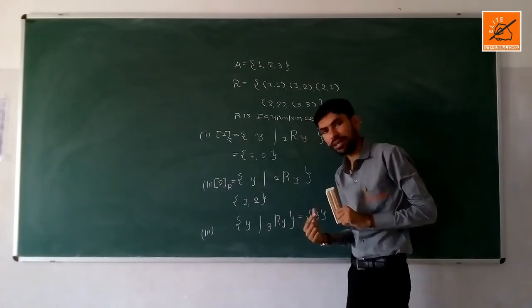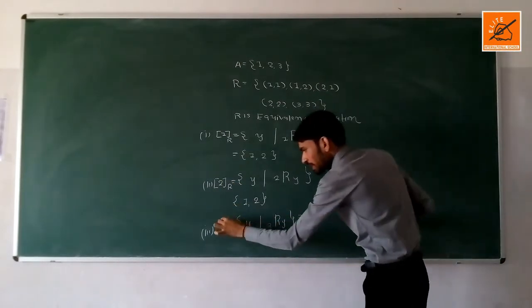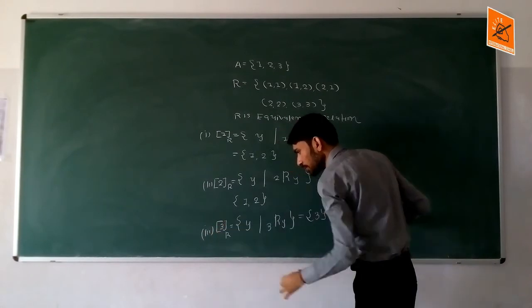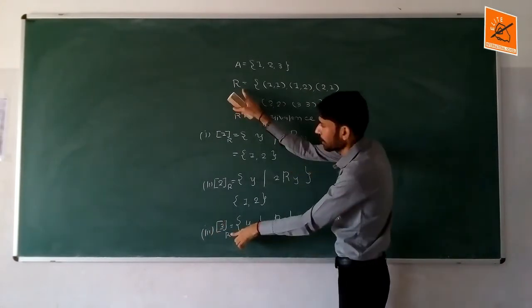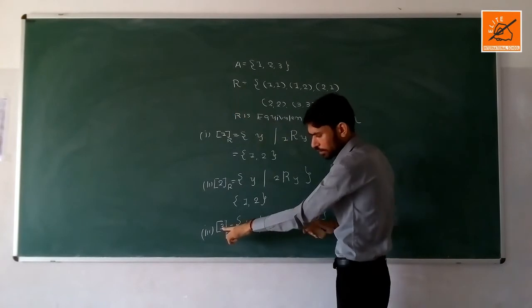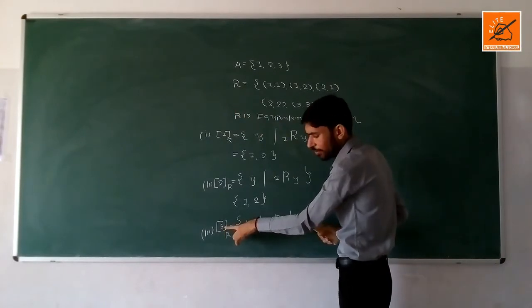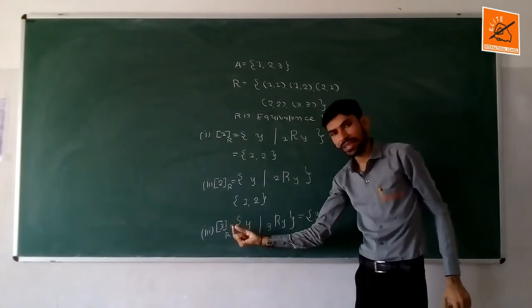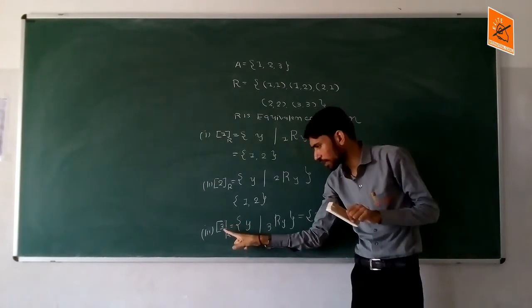Now the last one is generated by element 3. R denotes our relation, and this notation is read as the equivalence class generated by element 3. This set contains those elements related with 3.